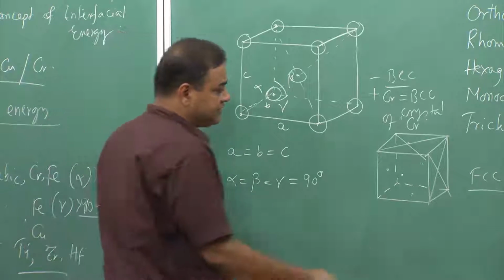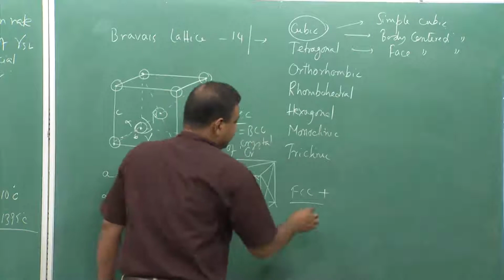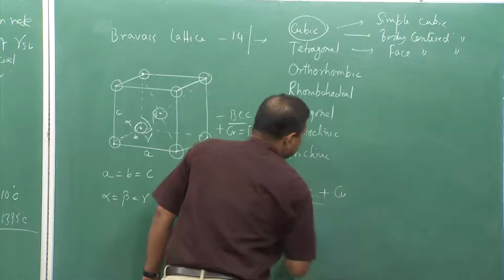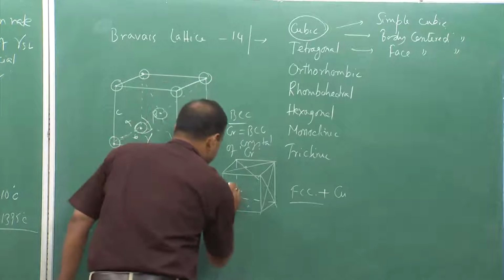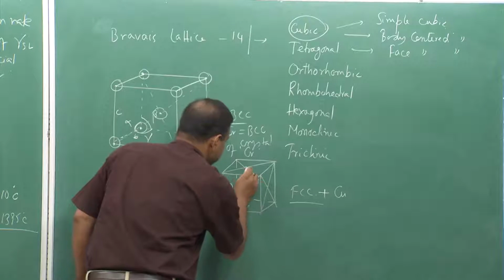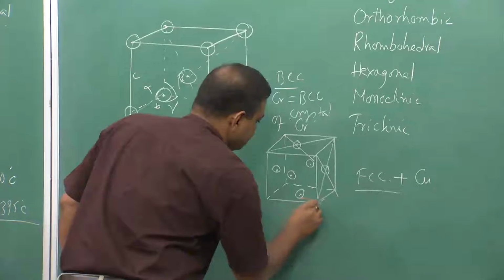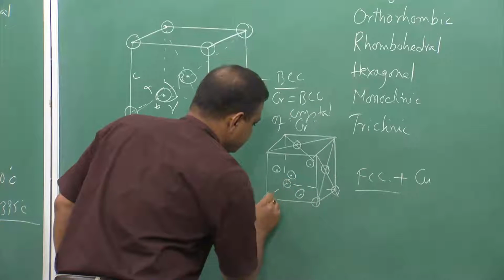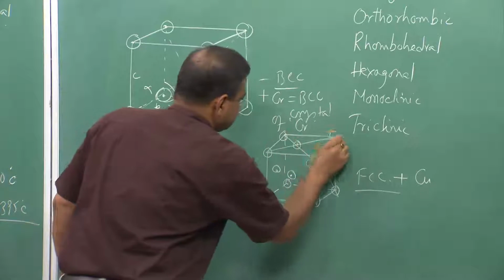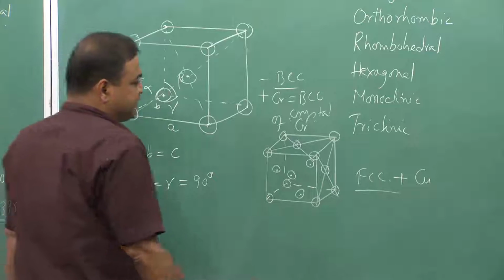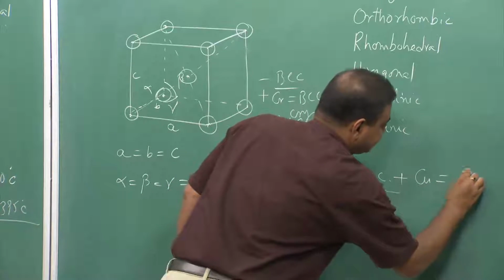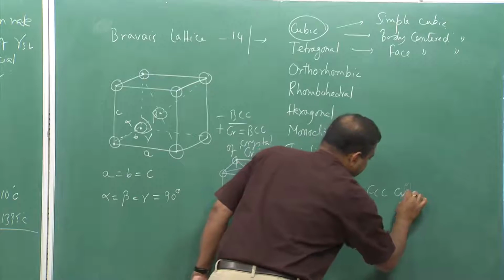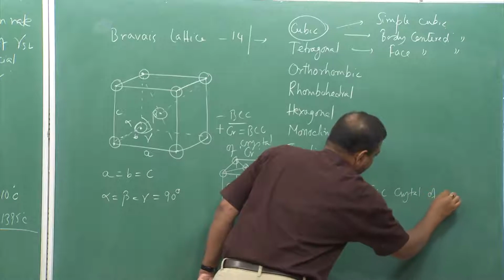Similarly, in case of FCC, if we put copper at each lattice point, all copper atoms, then it becomes an FCC crystal of copper.